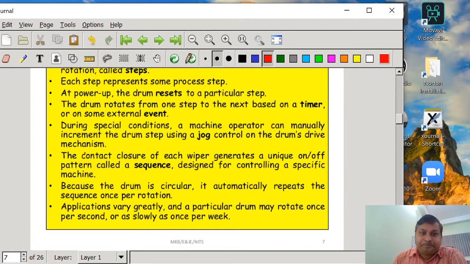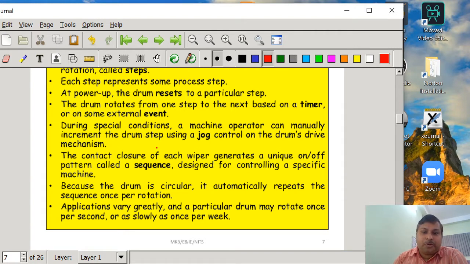The contact closure of each wiper generates a unique on-off pattern, called a sequence, designated for controlling a specific machine. Here you can see that the drum is circular, and because of that it automatically repeats the sequence once per rotation.